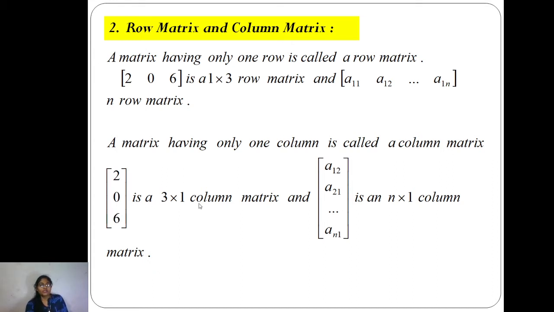It is a 3 by 1 column matrix, and a11, a21, dot dot, an1 is an n by 1 column matrix. That means a matrix having only one row is called a row matrix and a matrix having only one column is called a column matrix.